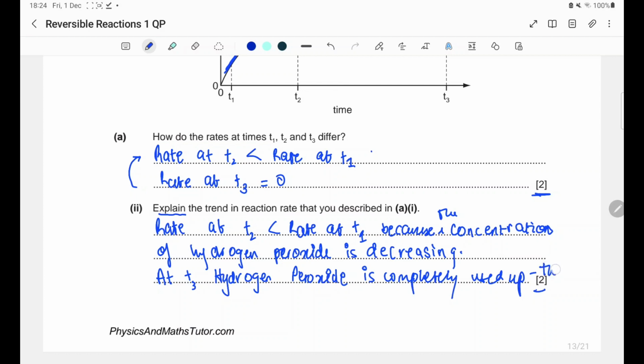The reaction is complete, or you could say has finished up, or finished, anything along the lines of what I'm trying to say.